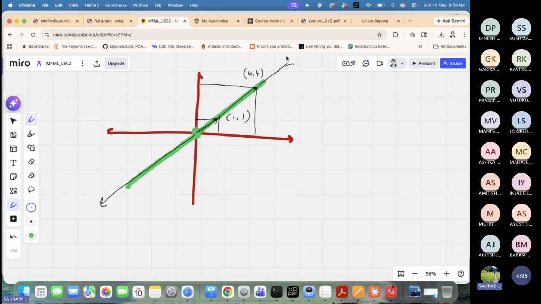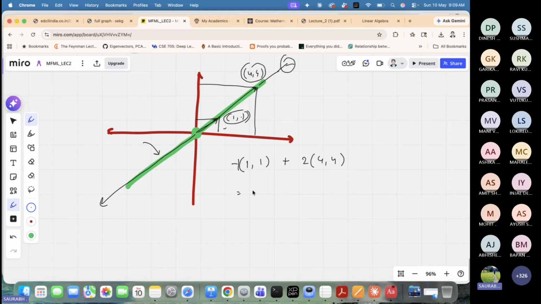So the output is going to be a part of this. Think of any possible scaling. Let's say I scale 1 1 with a negative number and scale 4 4 with a positive number and then add them together. The output is still going to be part of this green line. Just for example, let's say that I scale 1 1 with -1 and then I scale 4 4 with 2.